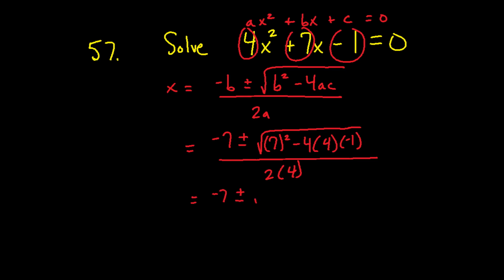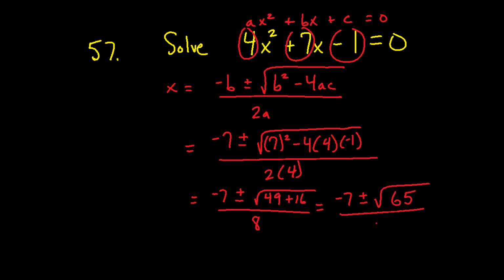Negative 7 plus or minus square root of 7 times 7 is 49, and negative 4 times 4 is negative 16 times negative 1 is positive 16, and that's all over 8. So simplifying further, we can add the 49 plus 16 to get square root 65, and that's all over 8. So the final simplified answer is negative 7 plus or minus square root 65, all divided by 8.